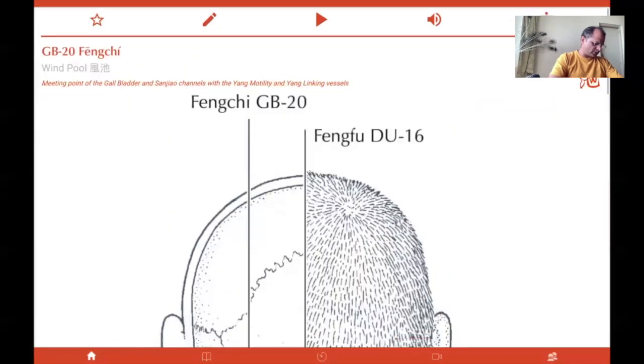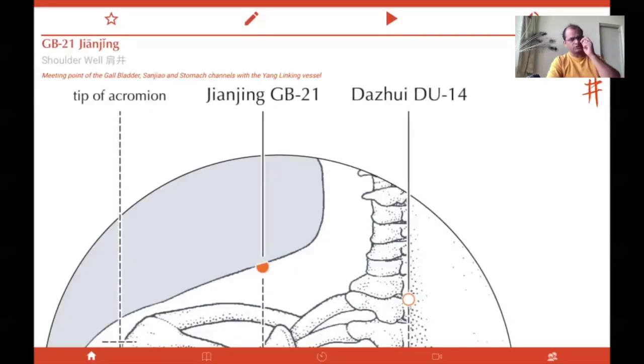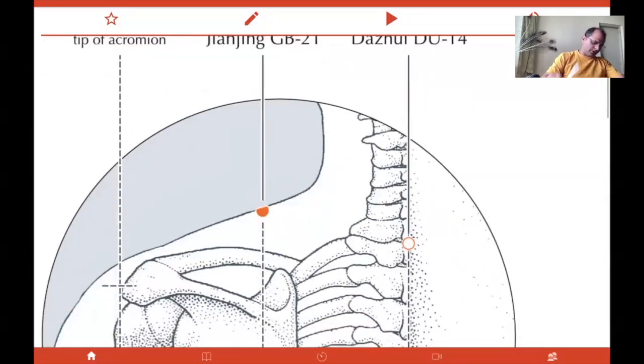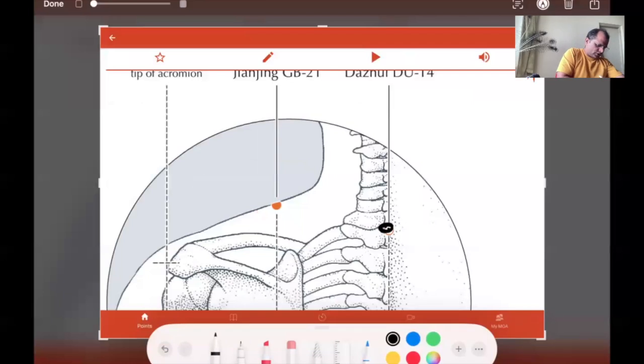But you should know the exact location of the point also. This is gallbladder 21, right? On the trapezius muscle on the shoulder. From the midpoint of the neck and the shoulder, exactly in the center, this point is located. I'm telling you about the distance.